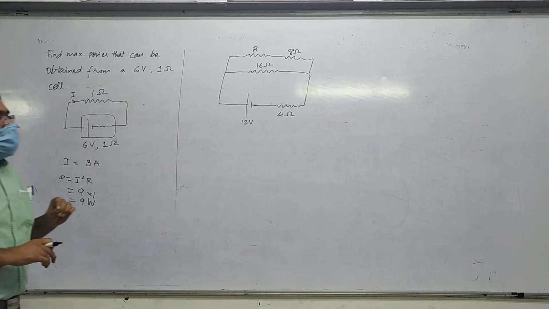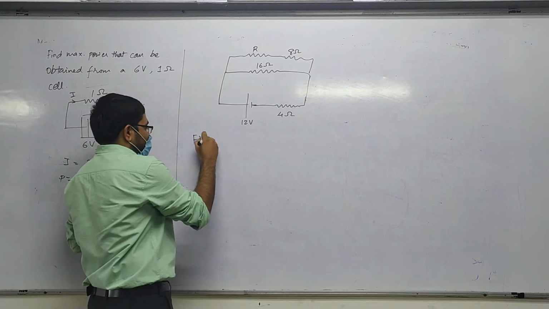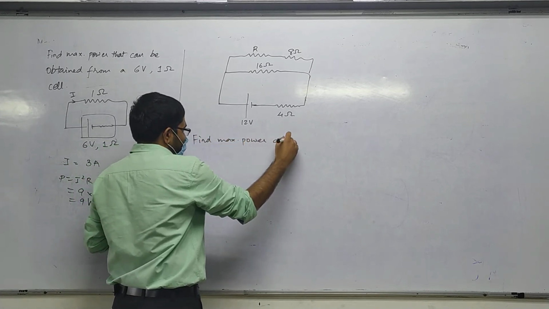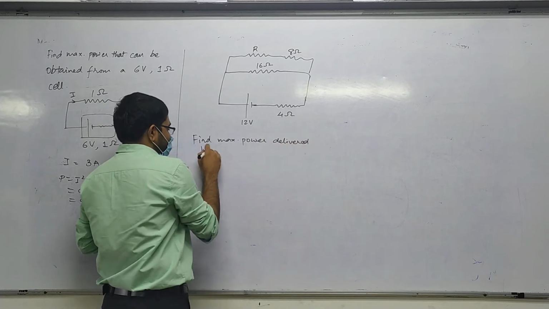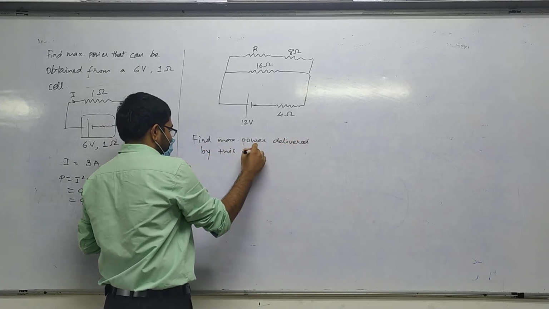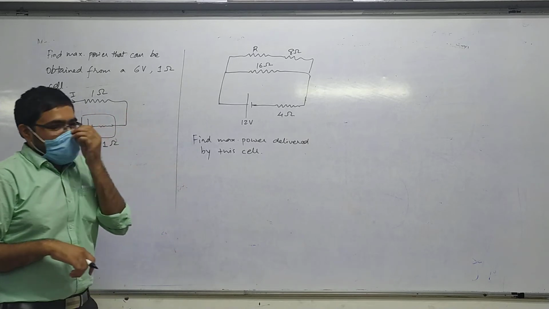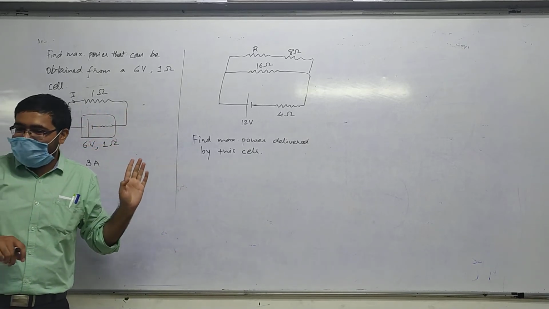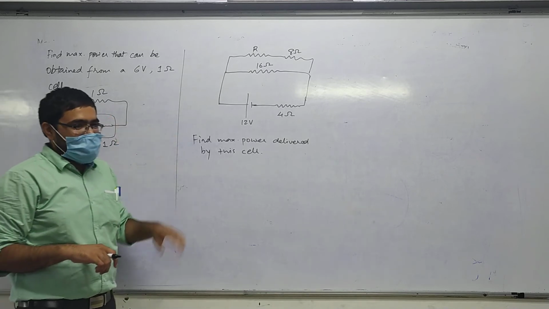Can you find the maximum power delivered by this cell? Does the cell have internal resistance? No. They say it is an ideal cell. Okay, then it does not have internal resistance.